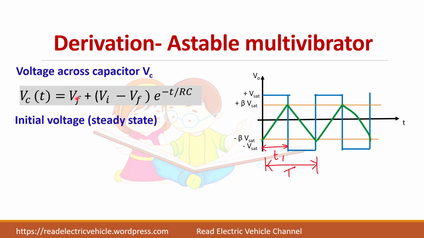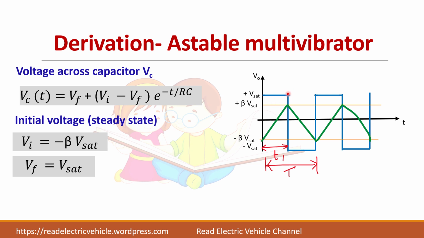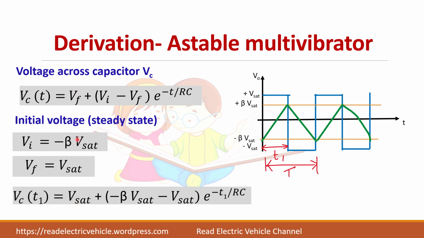Now Vf is the final value. The initial voltage of the capacitor is minus beta Vsat. What is the final value? It can charge till plus Vsat. So now you substitute these two values here: Vf is Vsat, and Vi minus Vf, you substitute and you will get the equation.